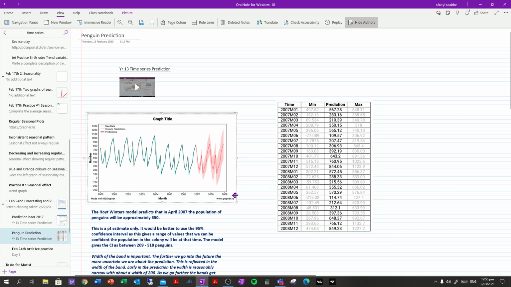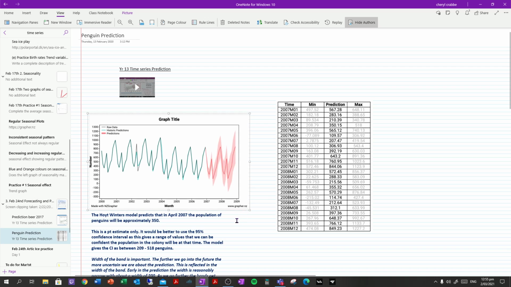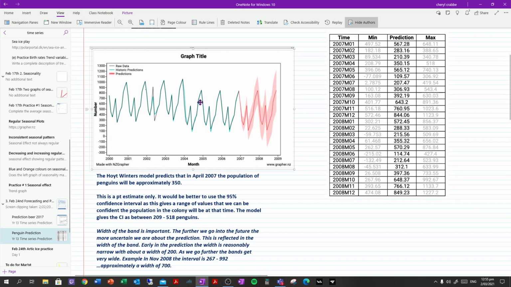The green, if you look at the green and the blue, or black, so we have the black, which you might not be able to see all that well if I just blow it up a bit. You can see that we've got the black, which is our raw data, and the blue, which is the Holt-Winters model that is making a prediction about the data.